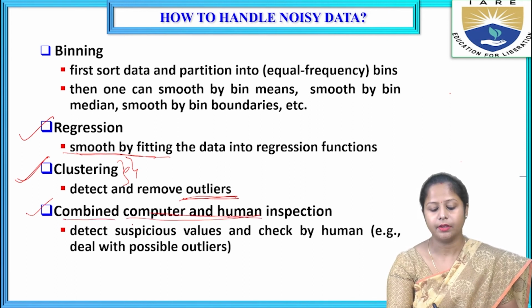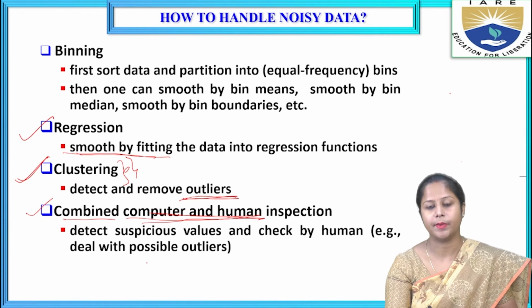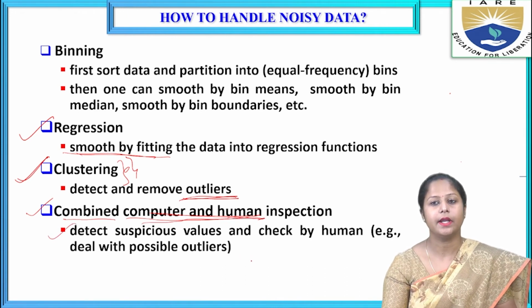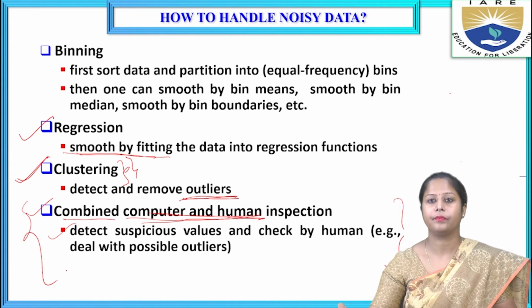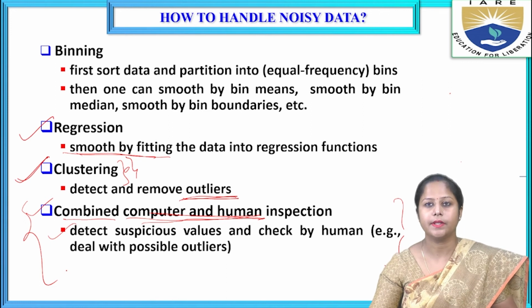In that we have to detect suspicious values and check whether an outlier is there or not. So that is a manual way to check the noisy data. So we have checked the various methods to handle the noisy data.